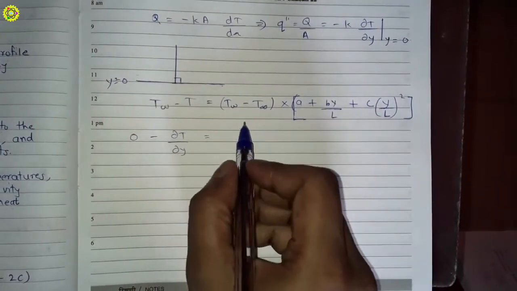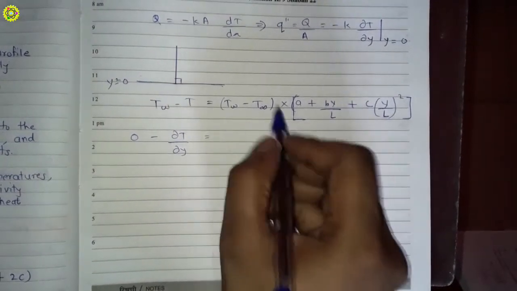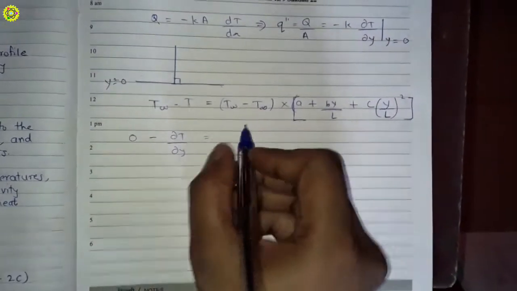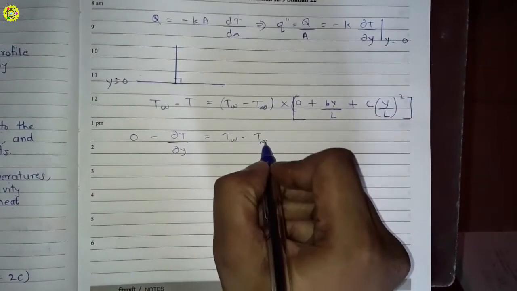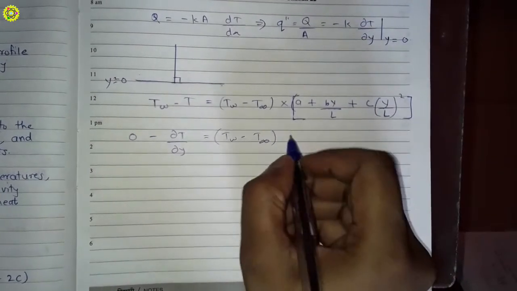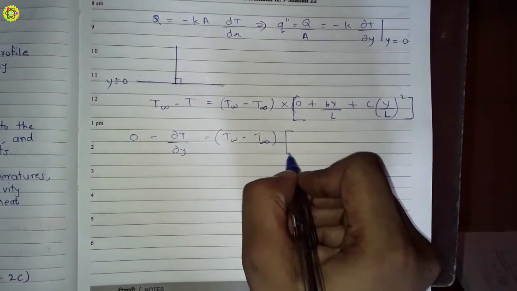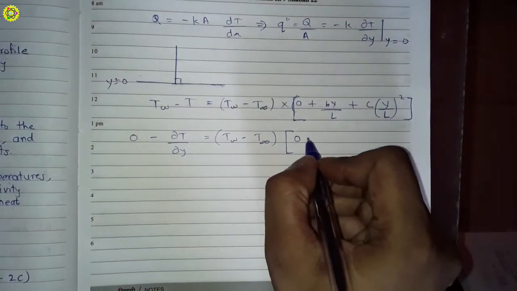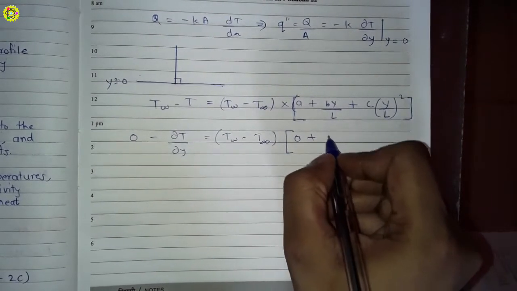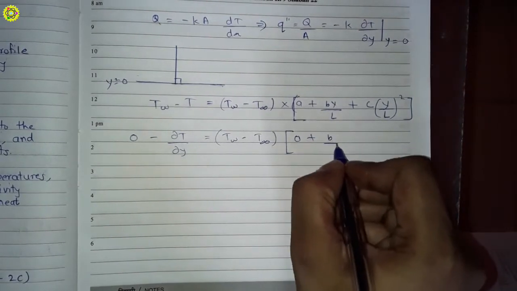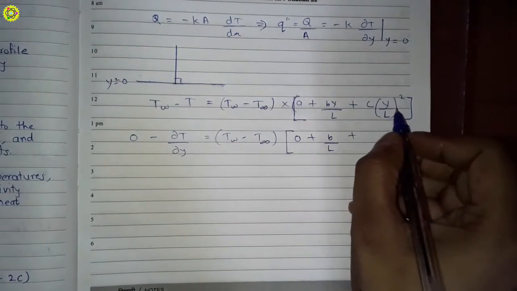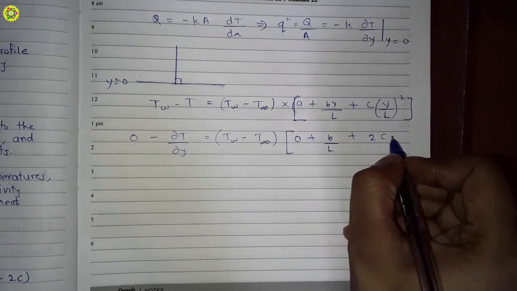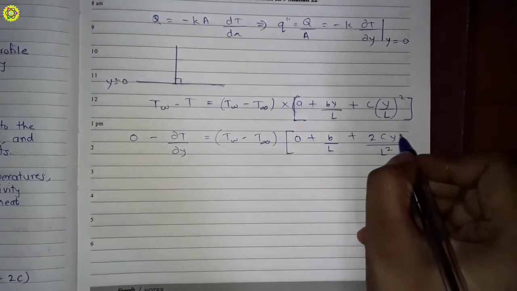This Tw minus T infinity is constant, so it is multiplied with this. The A term becomes 0, plus the derivative of y is 1, so B upon L, plus the derivative of y square is 2y, so 2 C y upon L square, bracket closed.